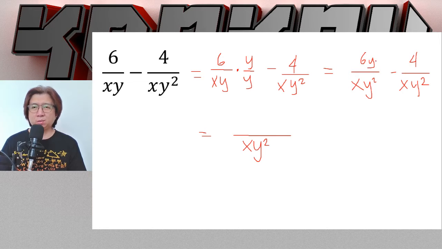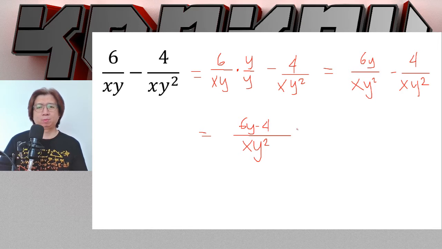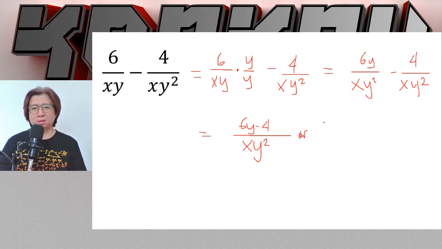Alright, so we have 6y minus 4. Or if you want, you can factor it by 2 times 3y minus 2 all over xy squared.